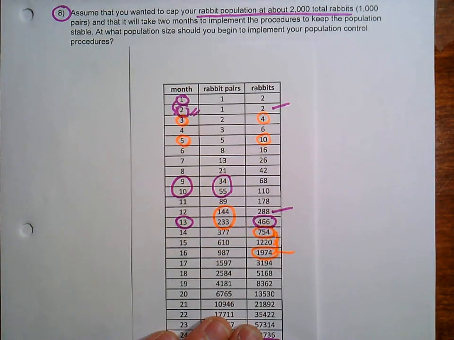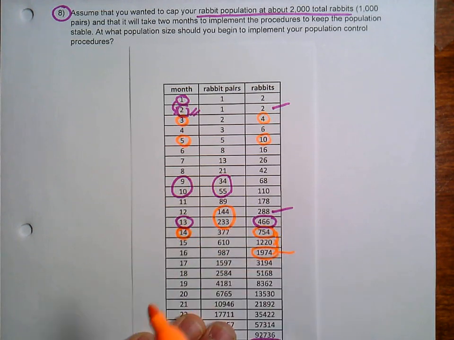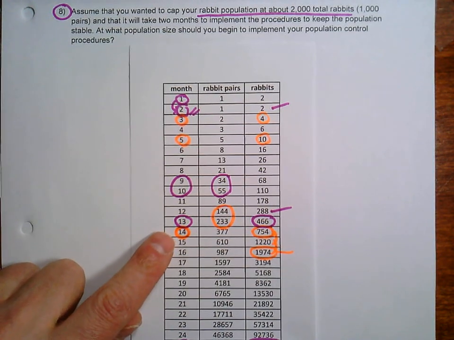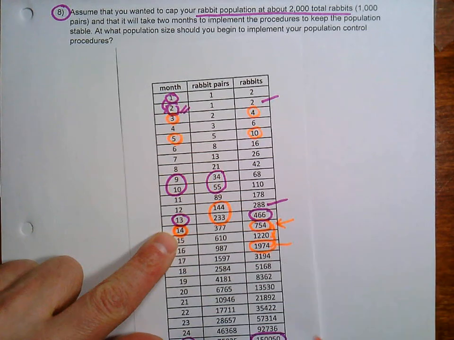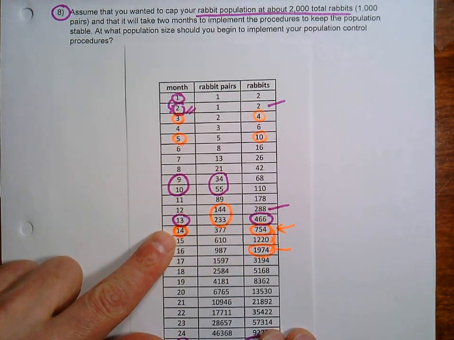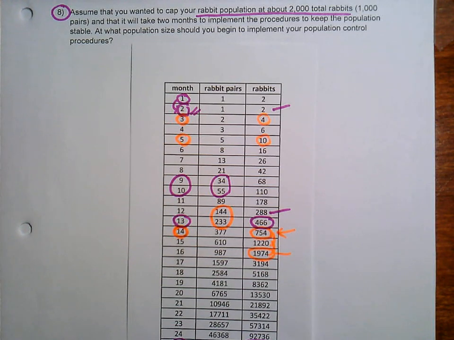That's 754. And then we would look across right here to that 14. So this would tell us 1 year and 2 months in, right? That's when we would actually have to implement the procedure. Because if we do nothing at all, right, then after 2 months, we'll be at the 2,000 rabbits. All right, that's it for 10A.